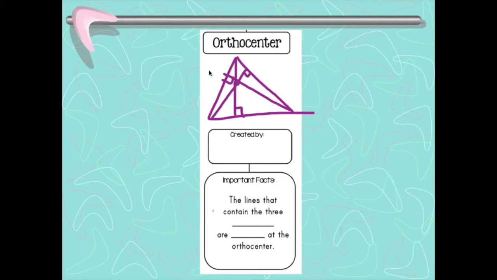What did I draw? What were all three of those things called? The altitudes. All right. This interesting fact is just your theorem.